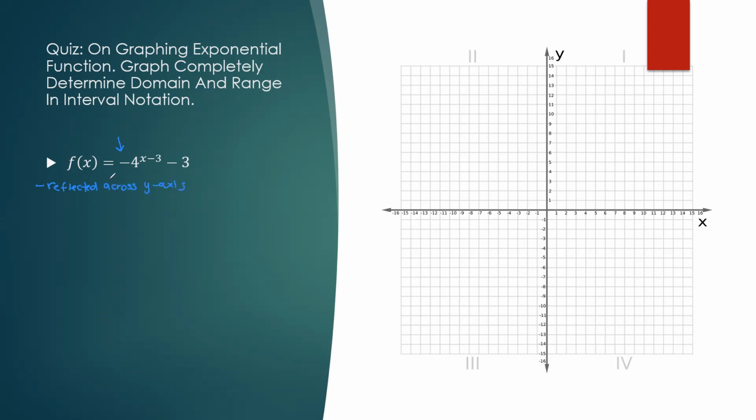This x minus 3 right here is a horizontal shift of 3 units to the right. And this minus 3 is a vertical shift of 3 units down.